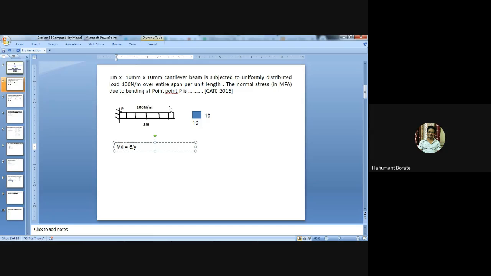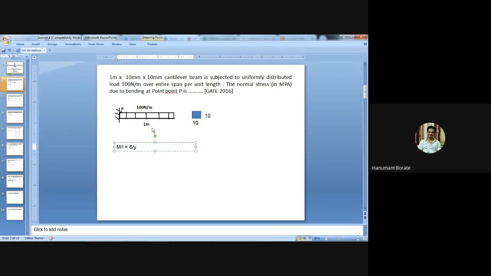Partially, when we apply the load, it is going to bend, but at a certain level that bending gets stopped due to full resistance developed in the beam due to cohesive forces. So the stresses induced to resist the bending moment are called the bending stresses, and the stresses induced to resist the shear forces are called the shearing stresses.